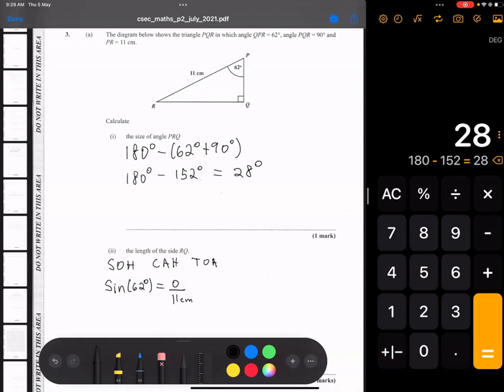So we're going to do a little transposition to make O the subject. So we'd have O equal to sine 62 degrees multiplied by 11. Let's use the calculator.